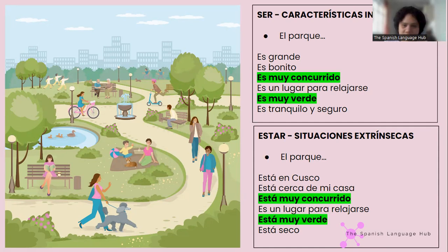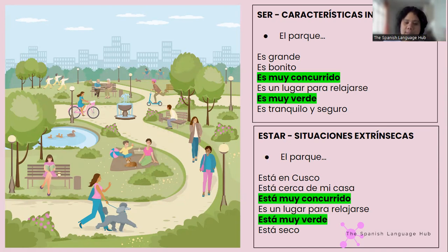It might be always concurrido, it might be always crowded, but today, when they say está muy concurrido, I'm focusing on today. If I want to say a characteristic about the park, I say es muy concurrido, all right? To give you a characteristic about the park. But if I want to just state, or express how I see it today, we use está muy concurrido. The same with está muy verde.